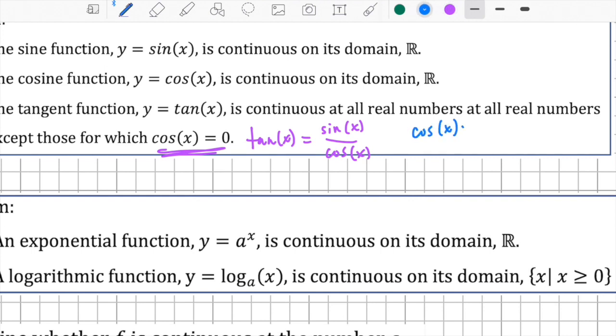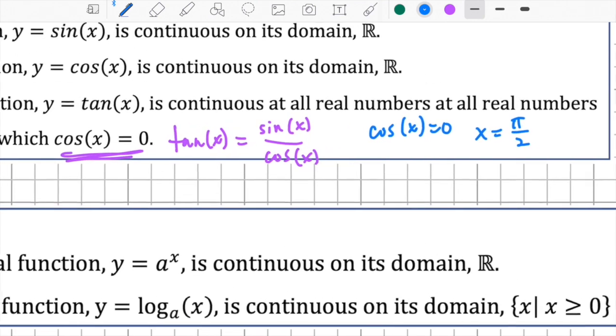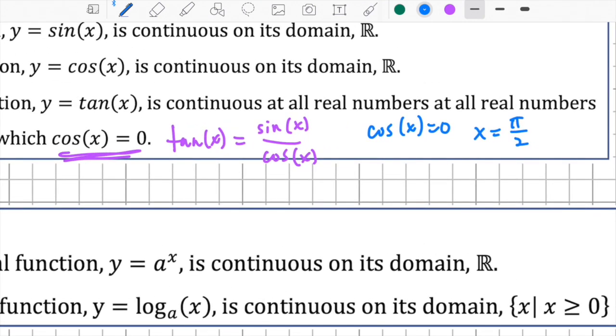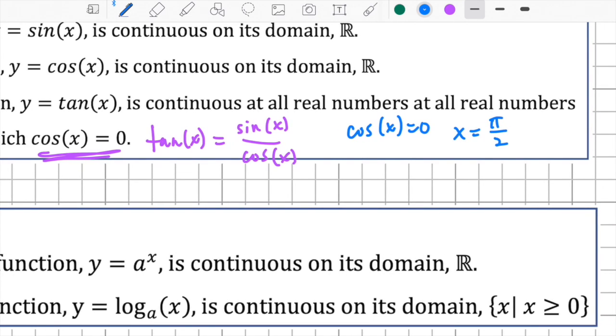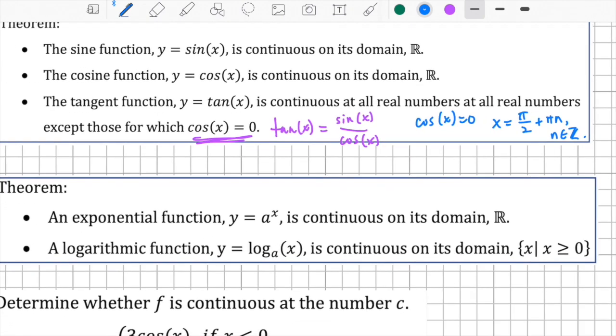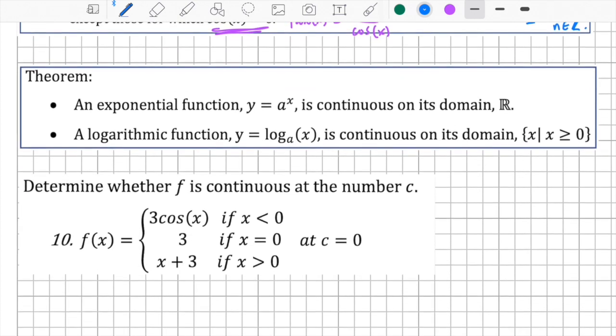And that happens when cosine x equals 0, when x equals pi over 2, because cosine of pi over 2 is 0, negative pi over 2, and then 3 pi over 2, negative 3 pi over 2, 5 pi over 2, all those intervals of pi over 2. So we say at pi over 2 plus pi n, where n is an element of the integers. So that's where tangent is not continuous.